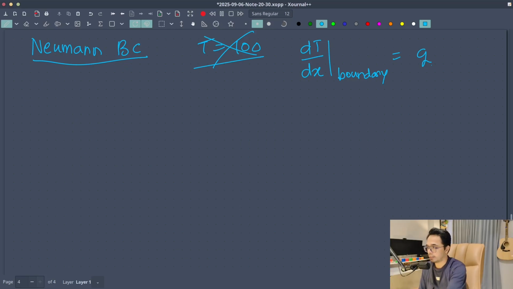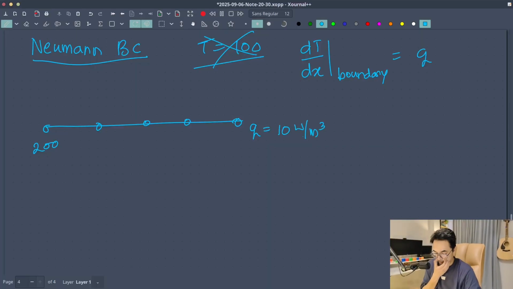Now let us look at the same problem that we discussed before, and let us take the same number of nodes. Now instead of 100 at the other end, let us assume there is a heat flux happening at the other end, which is of a value, say 10 watt per meter cube, something of this sense.